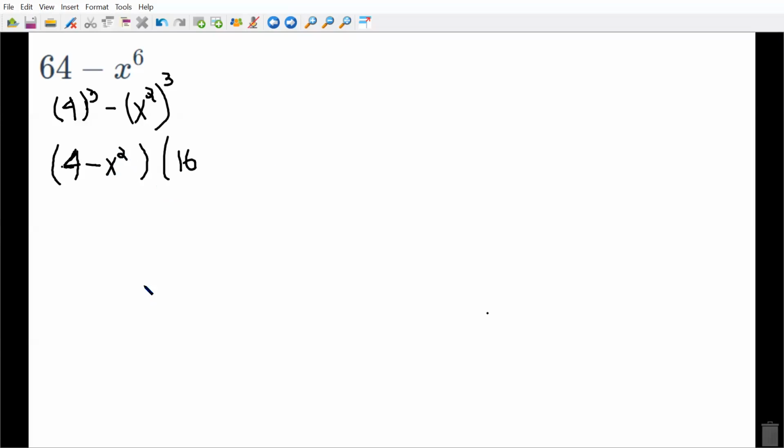Yes. Plus 4x squared. Plus or negative? No, plus x squared. No, x to the 4th. Good job.